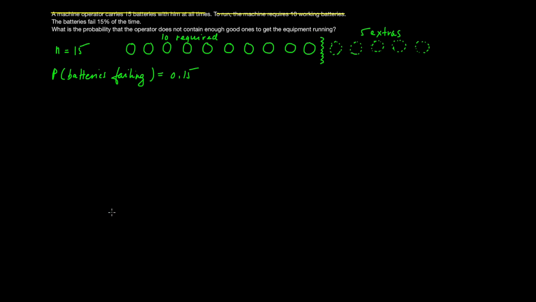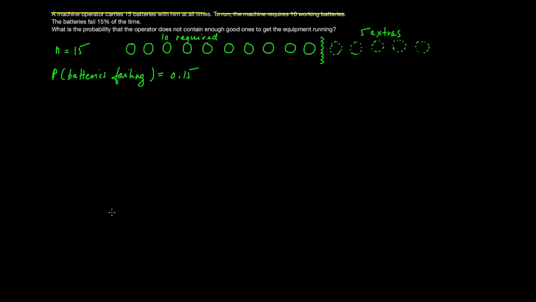What is the probability that the operator does not contain enough good batteries to get the equipment running? So right away, you should recognize, as you hopefully did in the last problem as well, that we have a binomial problem here.